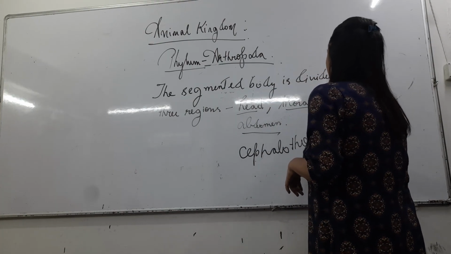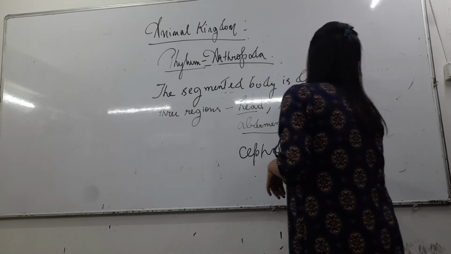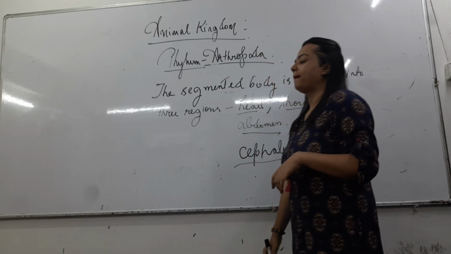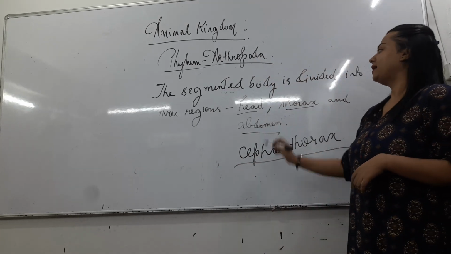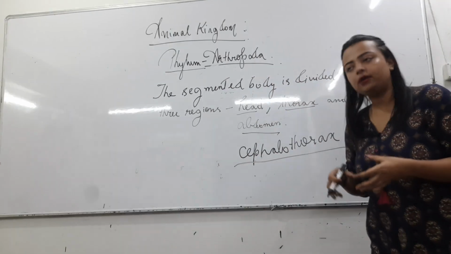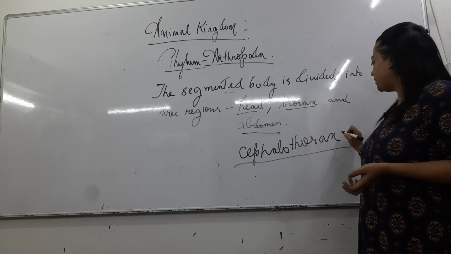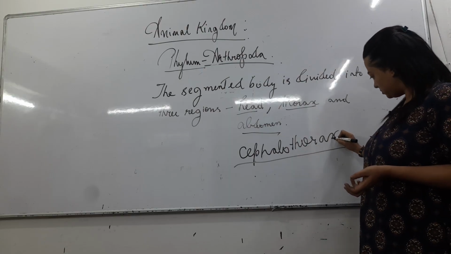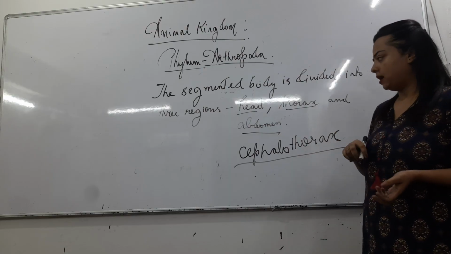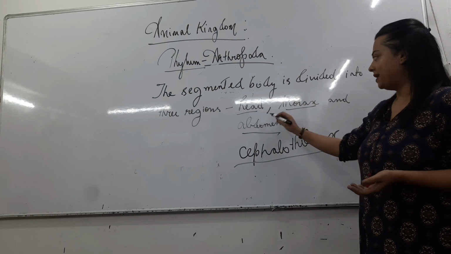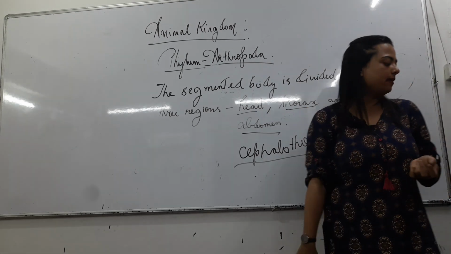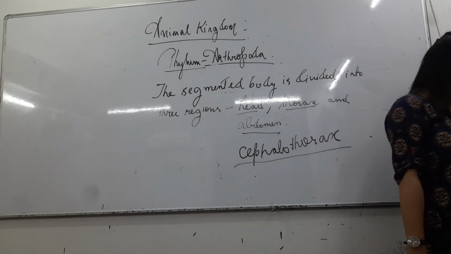The head and thorax are joined, so it is known as cephalothorax. In some forms, the head and the thorax are joined together and it is called cephalothorax.